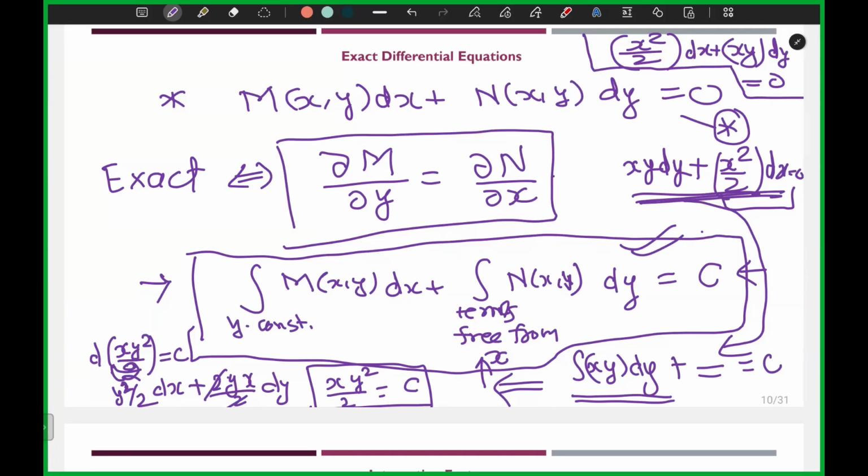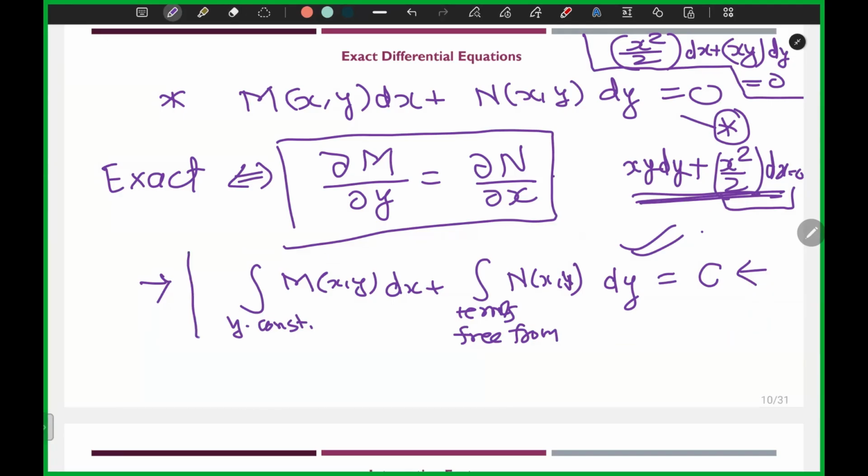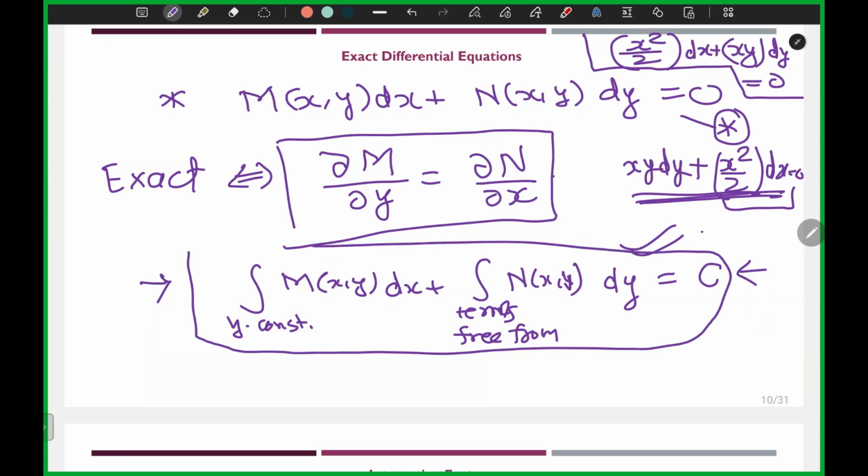This type of error anyone can make. So here it is x square by 2, terms free from x, that is no term, equals c.